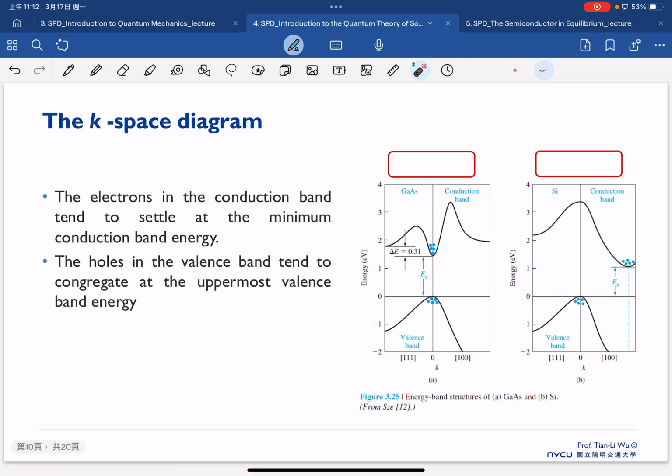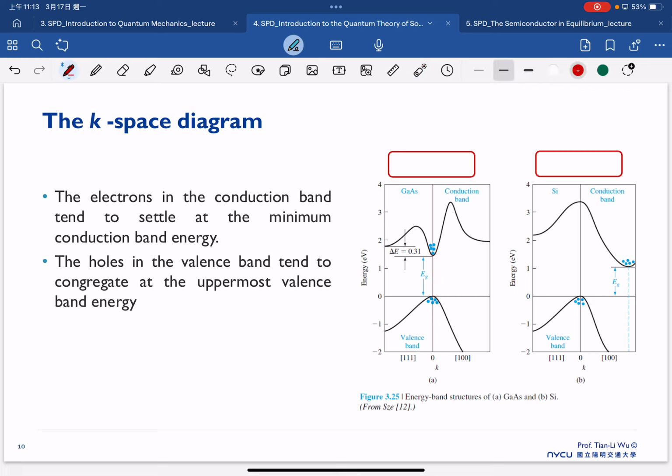Regarding the K-space diagram, there's also a small additional concept related to the band gap. If you look at the top one and then the bottom one, we find that the top of the valence band is in the same position as the bottom of the conduction band.